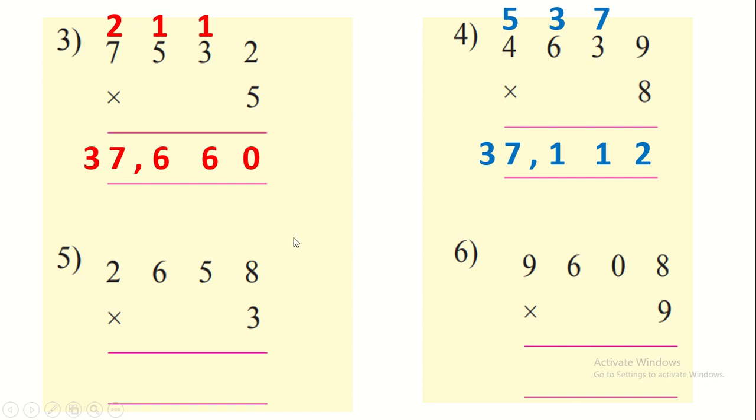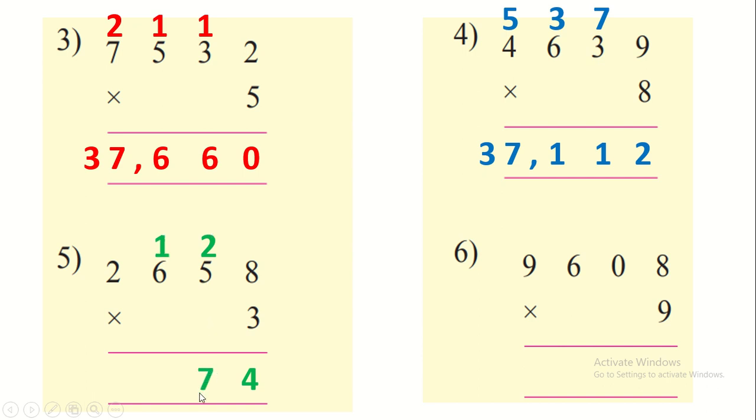Okay. Now let's move to number 5. Number 5 is 2,658 times 3. We multiply the number from right going to left. The multiplier is 3. First is 3 times 8. 3 times 8 is 24. Then carry 2 to the next. 3 times 5 is 15, plus 2 is 17.